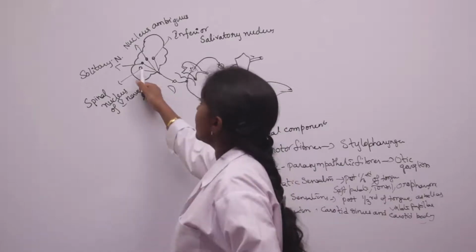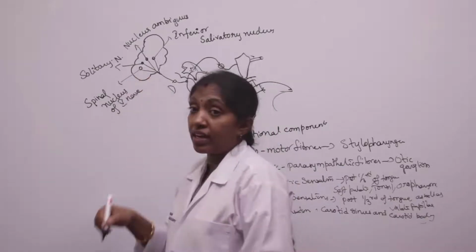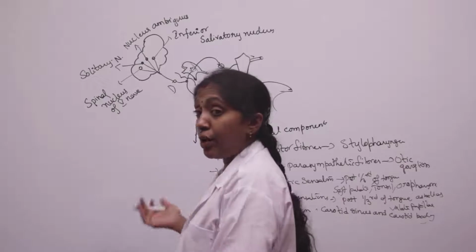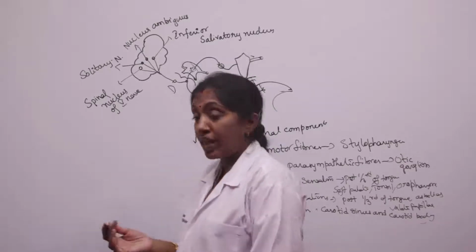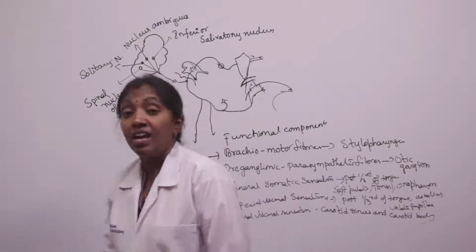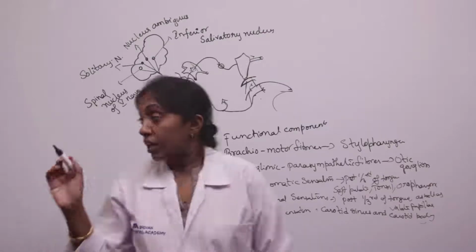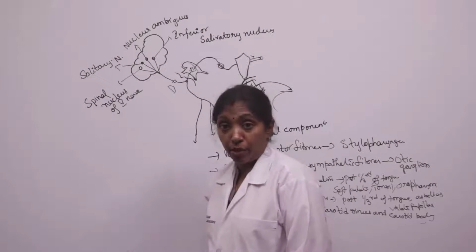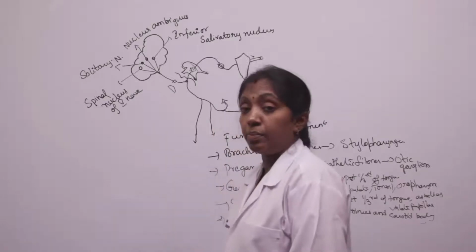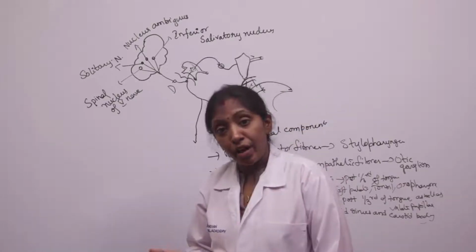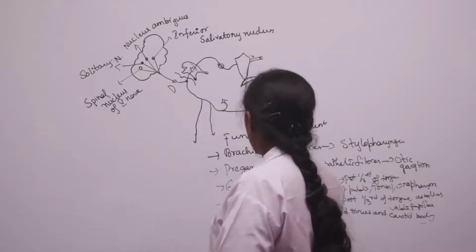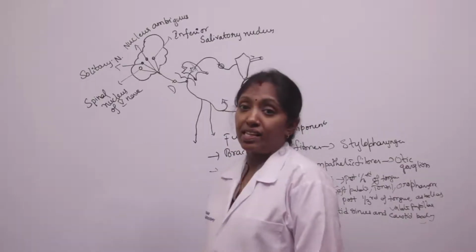The solitary nucleus receives central processes of sensory neurons from the special visceral as well as the general visceral neurons. And the spinal nucleus of the trigeminal nerve receives the central processes of neurons which carry general somatic sensations.